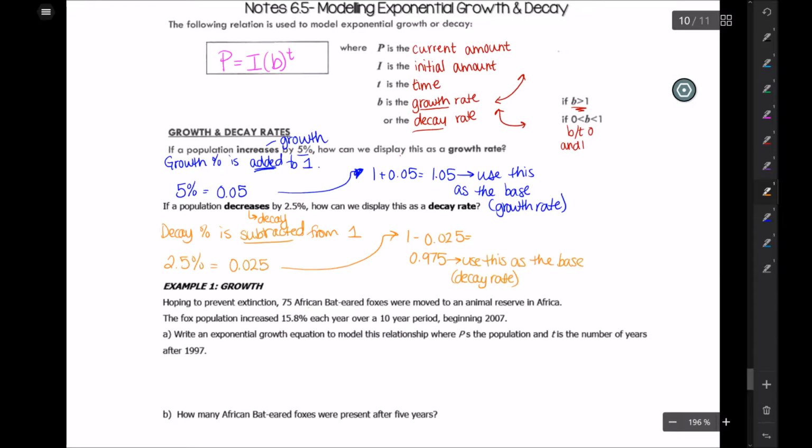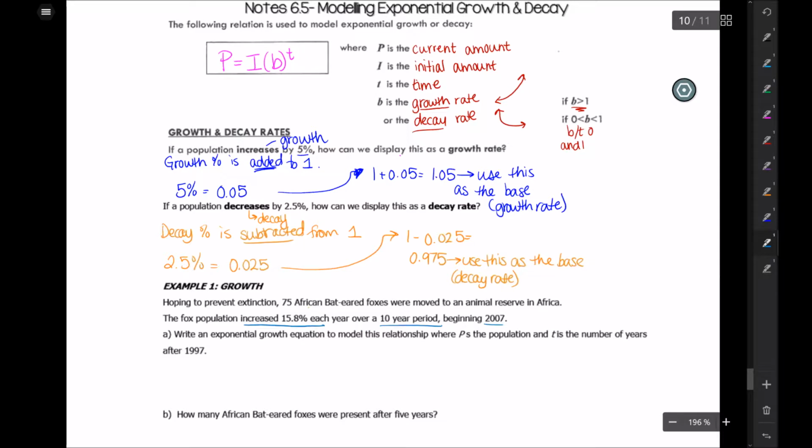Okay, so in example 1, we have an example of growth. So hoping to prevent extinction, 75 African bat-eared foxes were moved to an animal reserve in Africa. The fox population increased 15% each year over a 10-year period beginning 2007.